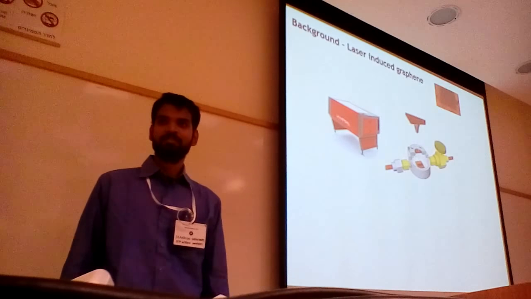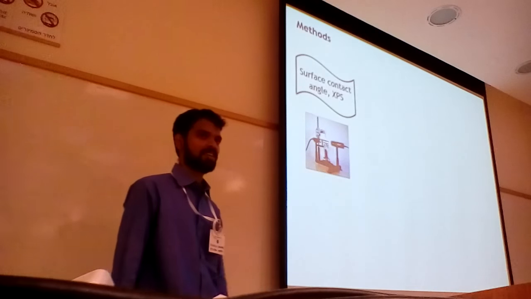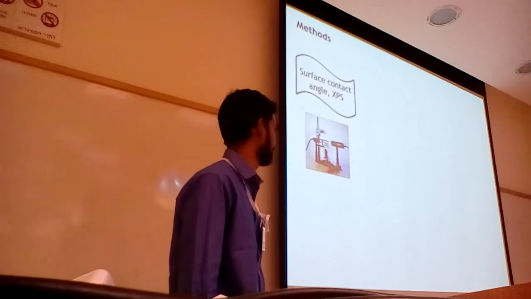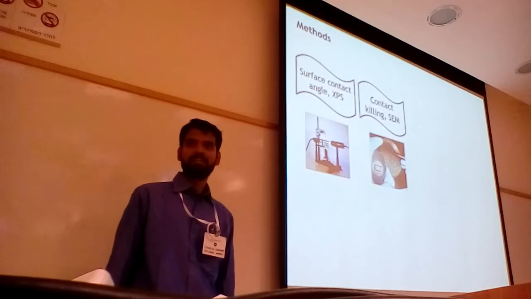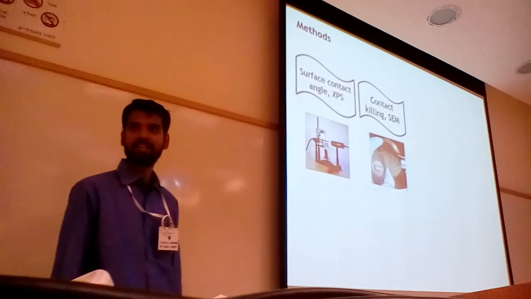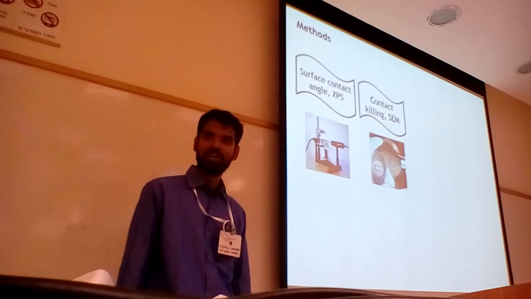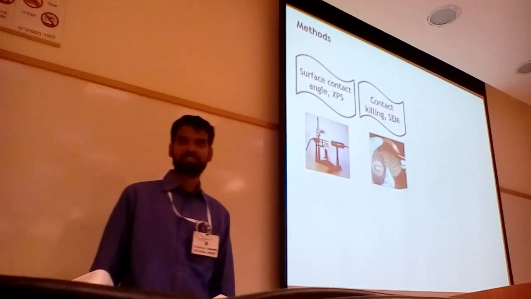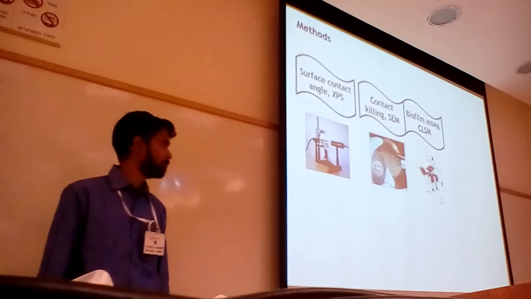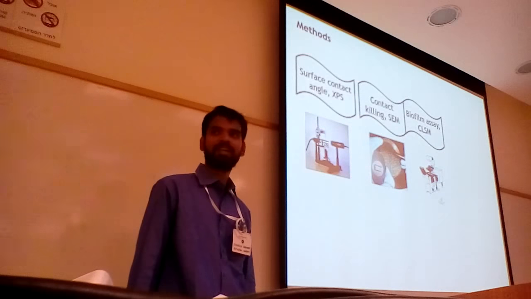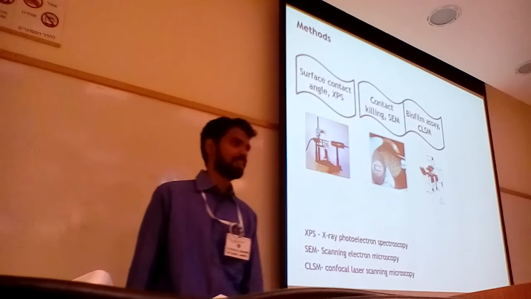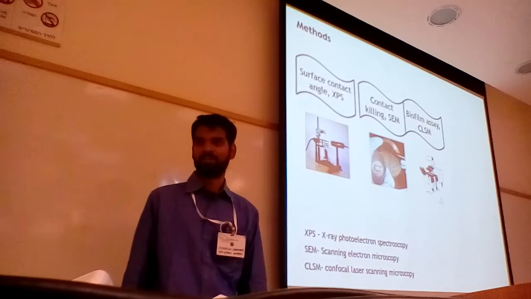The methodology involves surface contact angle and X-ray photoelectron spectroscopy, before the bacteriological studies. Then we employed contact killing and scanning electron micrograph for studying the bactericidal properties of laser-induced graphene. Thirdly, biofilm assay and confocal laser scanning microscopy are done in order to study whether graphene prevents biofilm or not.